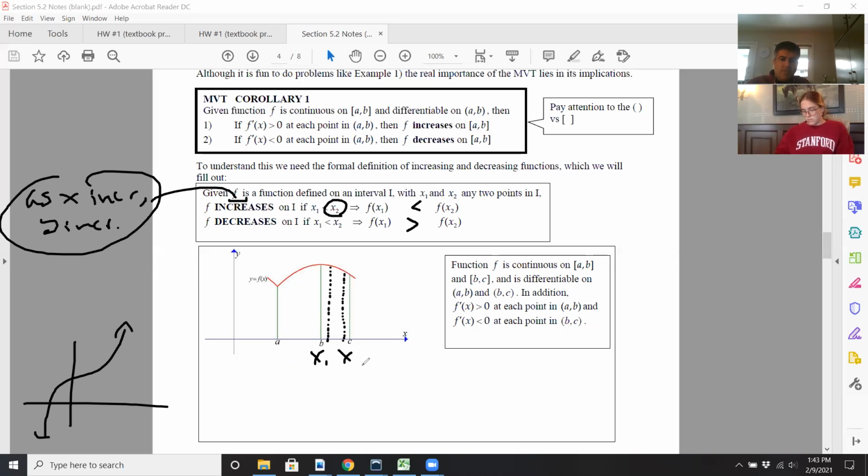Here's x2. So clearly x1 is less than x2 here. And the y value at x1 is bigger than the y value at x2. We call that a decreasing function. So what's happening here is that the y values are dropping. So as x increases, y decreases. And we call that a decreasing function.